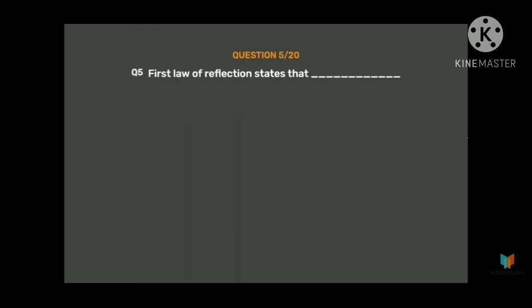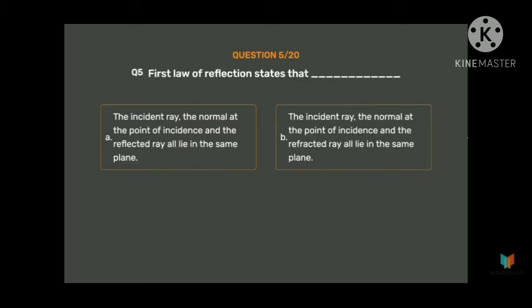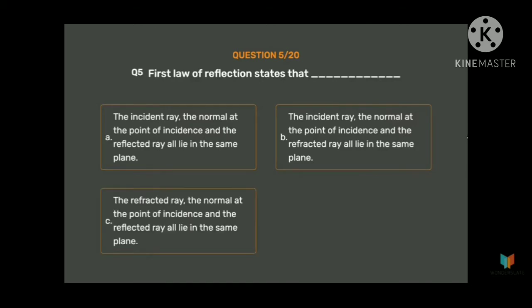Question number 5. First law of reflection states that underscore. Option A, the incident ray, the normal at the point of incidence, and the reflected ray all lie in the same plane. Option B, the incident ray, the normal at the point of incidence, and the refracted ray all lie in the same plane. Option C, the refracted ray, the normal at the point of incidence, and the reflected ray all lie in the same plane. Option D, none of these.